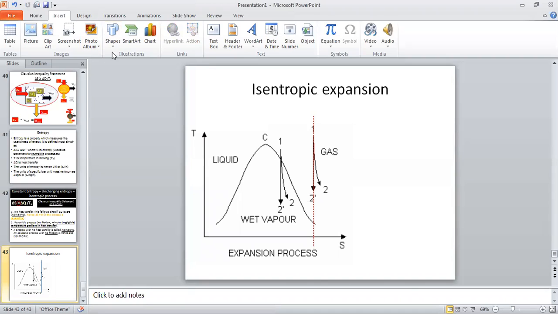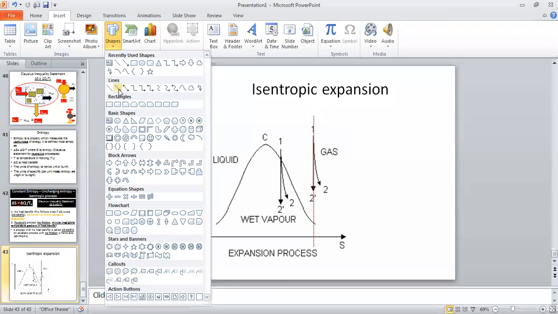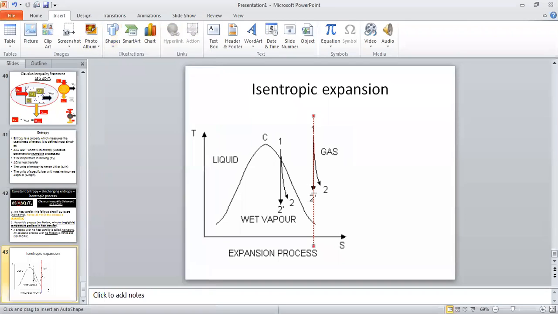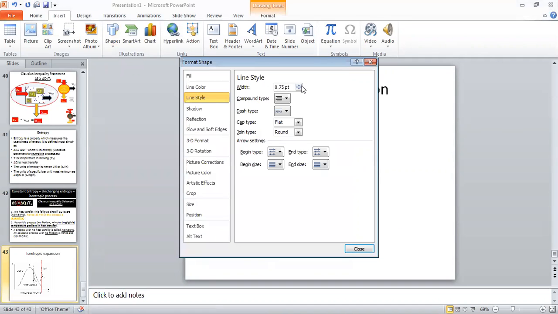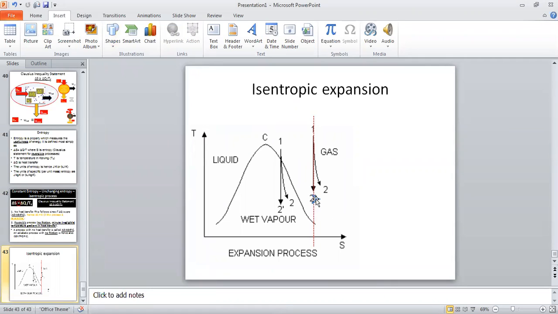But what happens is, because during the expansion, if entropy is not constant, there is a little rising of entropy.